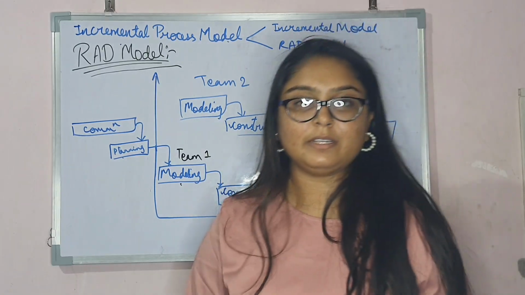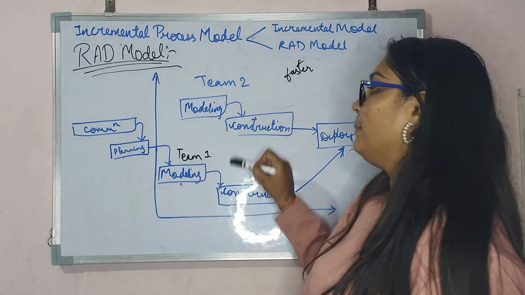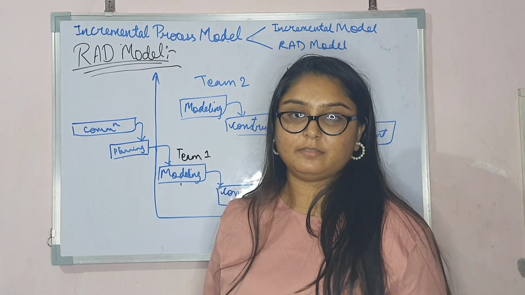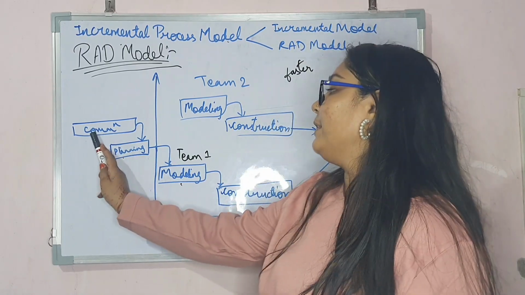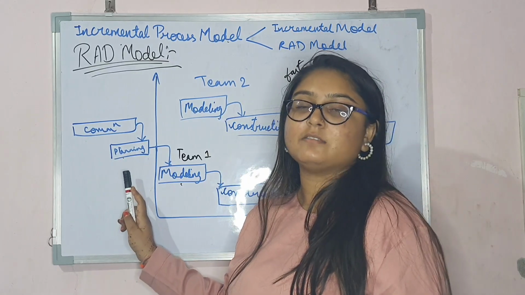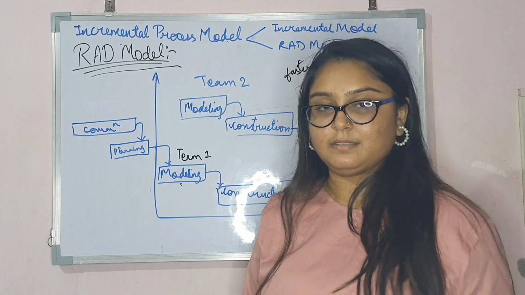And the most important thing about this model is there will be 2 teams working upon a same project. That means communication and planning, that is requirement gathering and planning about everything, resources, resource management, the deadlines and everything will be done once.